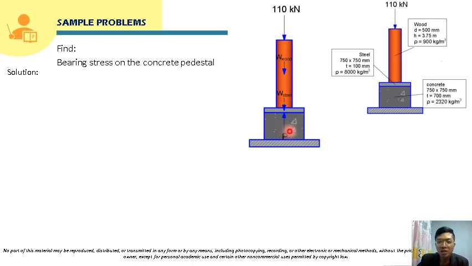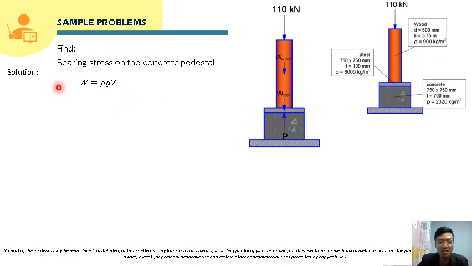Here to solve for this P, we have to include the weight of the wood, and also the weight of the bearing steel plate. We can also solve for the weight of that.